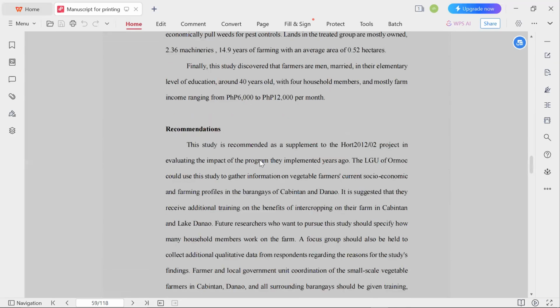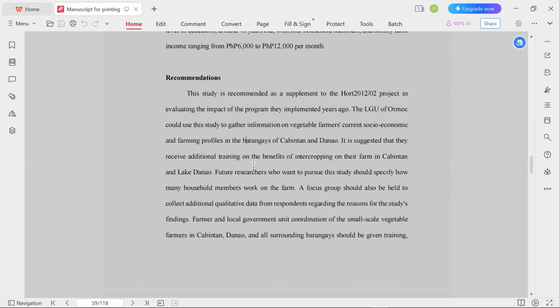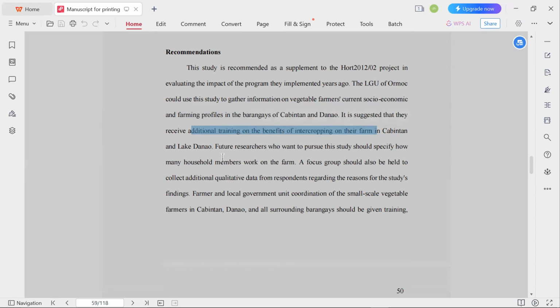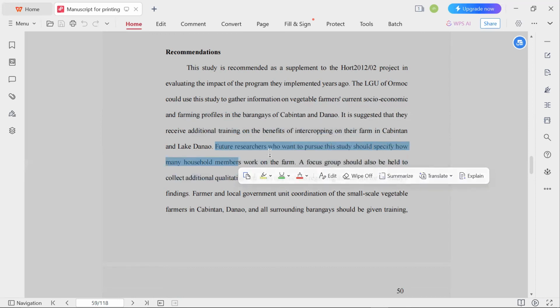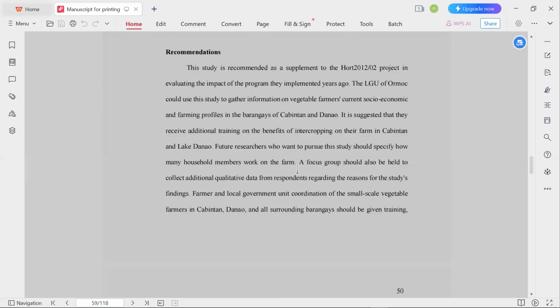And also here for the recommendation, who or to whom you want to recommend your project. So here, I recommend it to the LGU. I also recommend additional training, and for future researchers who want to pursue this study, what variables they should focus on.